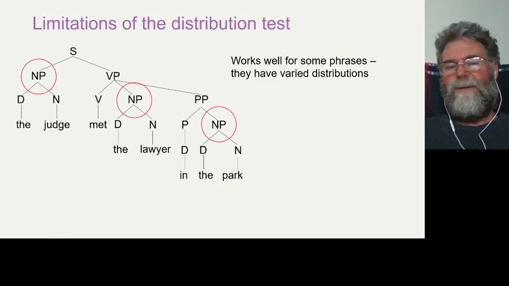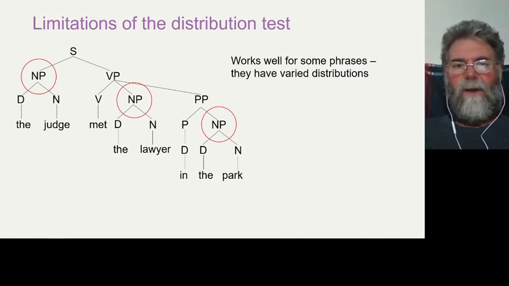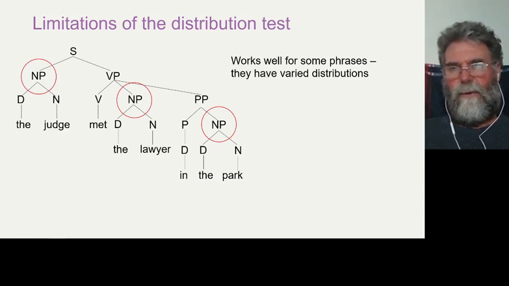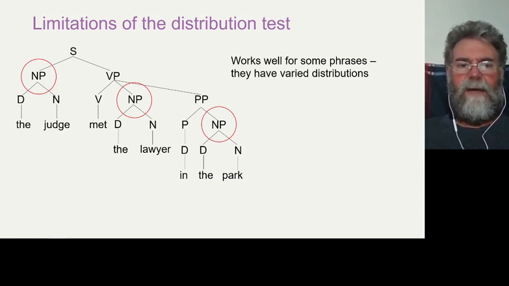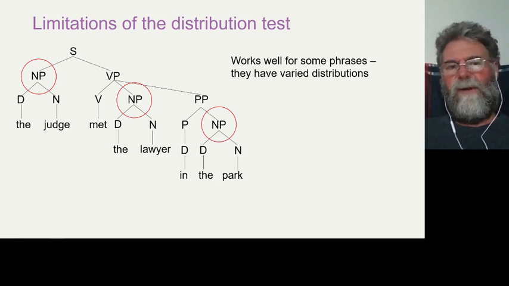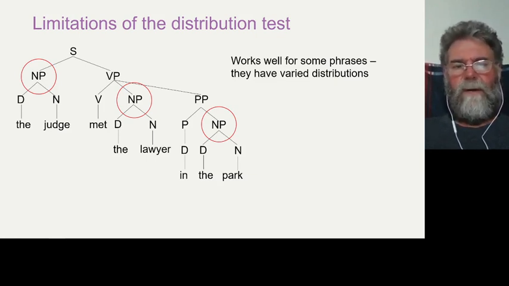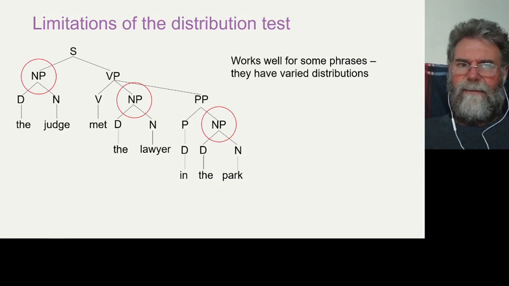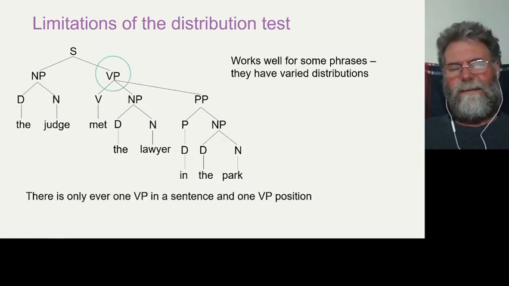So NPs, you can find them in a lot of different places, and therefore you can quite easily see that they have a distribution. Preposition phrases also do come in various positions, and again you can see that something is a preposition phrase by looking at its distribution. However, the verb phrase, and that's what we're mostly going to be interested in this session, because we're trying to work out how we know that the verb phrase is made up of the verb plus whatever else follows it.